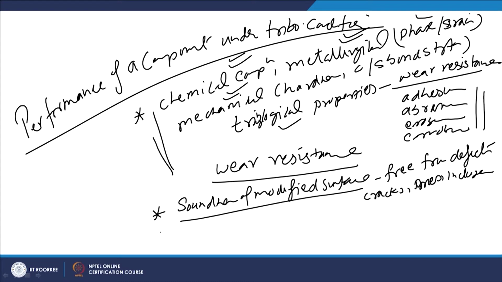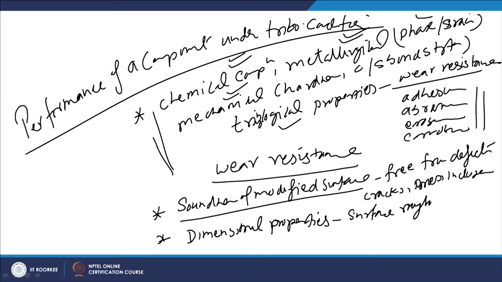Then there is another kind of properties that also affect the tribological performance of the component, and that is the dimensional properties. Among the dimensional properties, like, say, the surface roughness, indicating the extent of the ups and downs, peaks and valleys present at the surface, primarily quantified using the Ra surface roughness parameter.